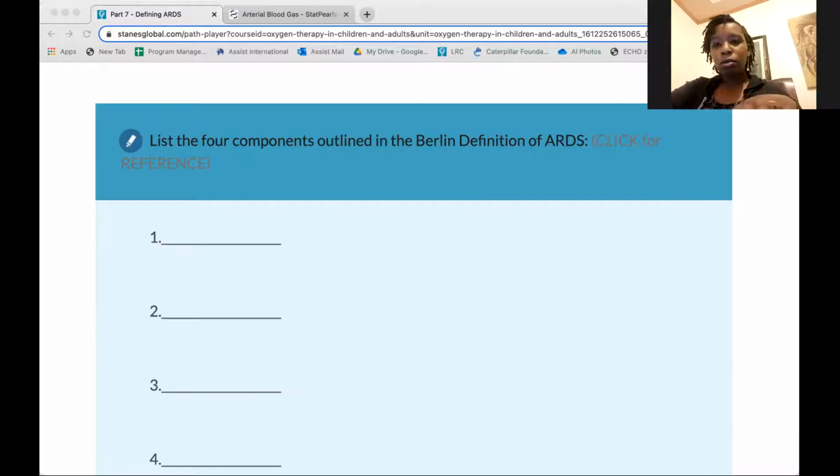Do you want to put some other definitions in? What else do you think is in the Berlin definition of ARDS? Maybe someone will put it in the chat box. I've already mentioned one, it's acute. So what do you think are the 4 components of ARDS?